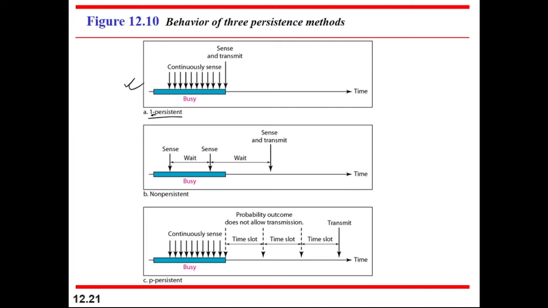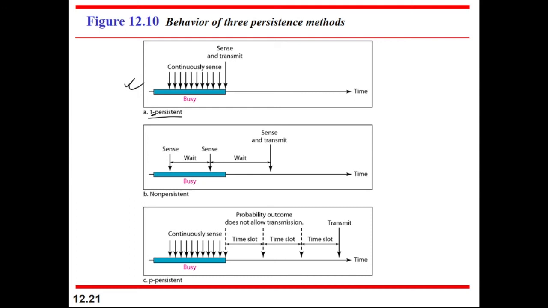What will happen in this method? It has the highest chance of collisions, because two or more stations may find the line idle and immediately send the data at the same time. So the probability of collision is high here. This is the one-persistent method.